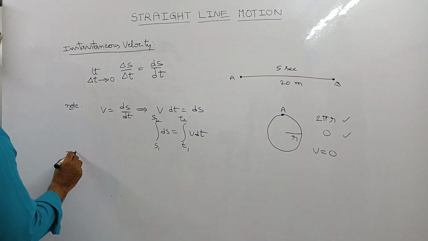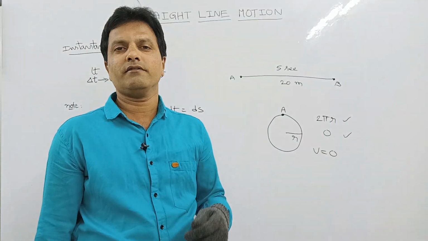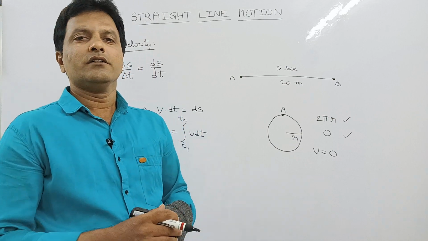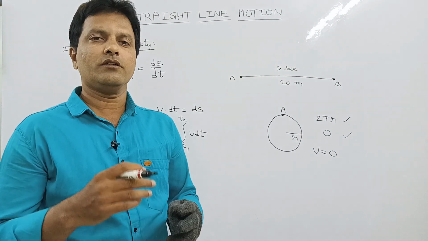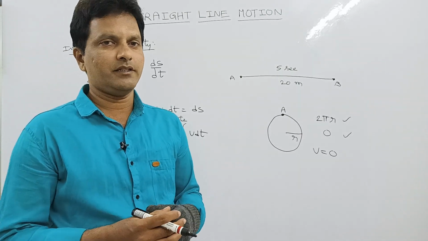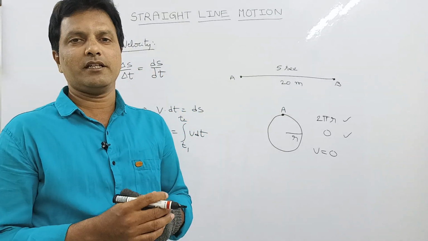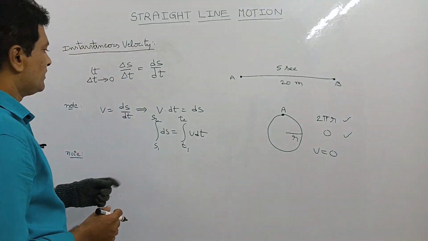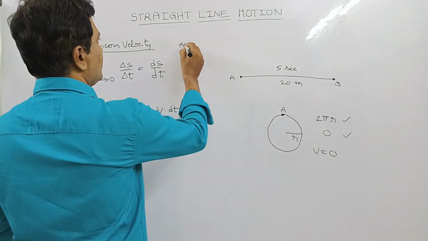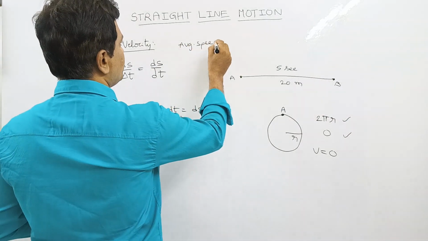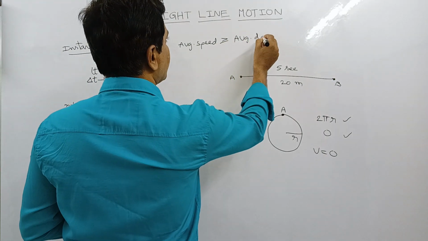And another note: the average speed is always greater than or equal to average velocity, right? The distance covered is always more than or equal to the displacement, so thereby we can say the average speed is always greater than or equal to the average velocity.